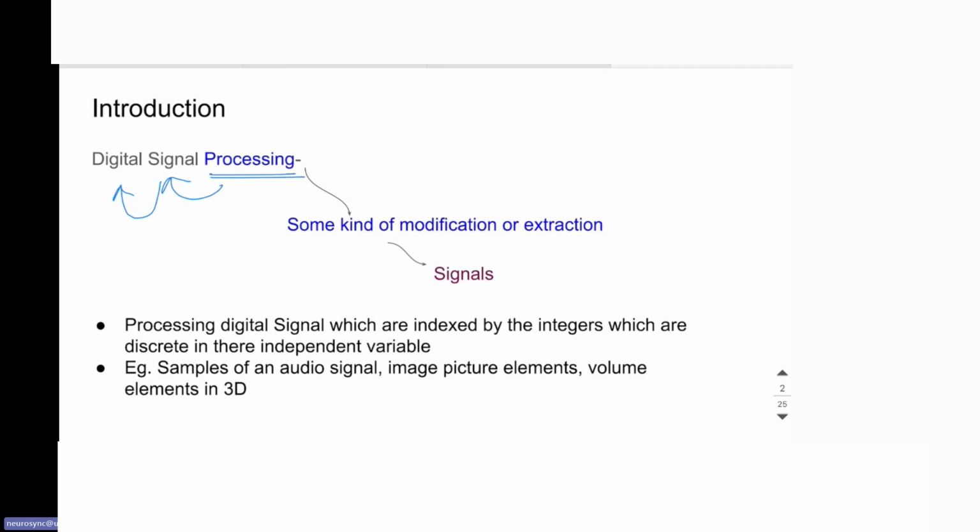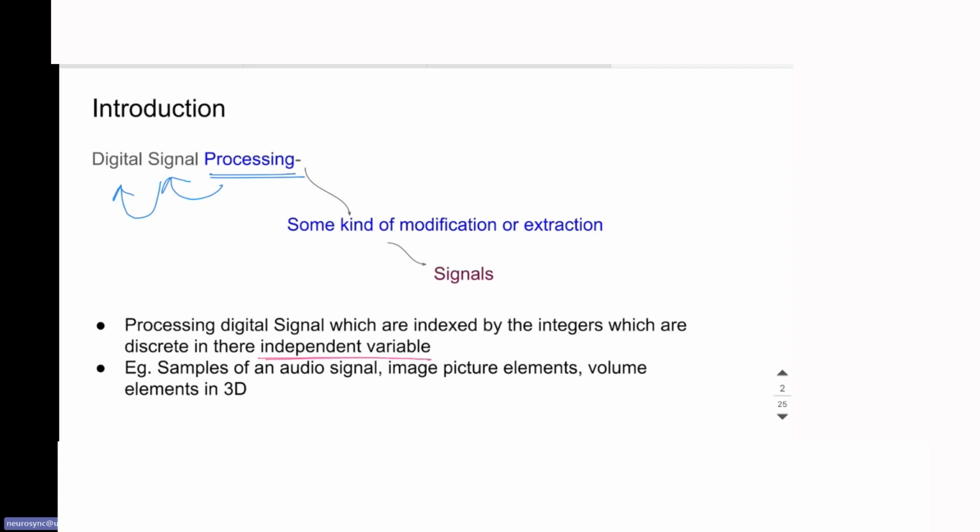But in a brief introduction, we can say that we will process these digital signals which are indexed by the integers, integers which are discrete in their independent variable. Again, the terms independent variable and dependent variable for a particular signal, which variable is independent and which is dependent, we will see later in this course.